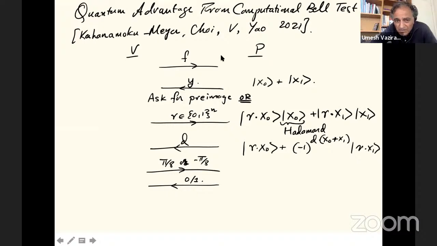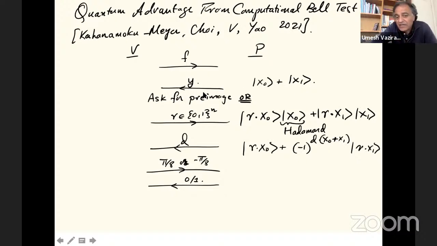So we start as always by the verifier sending the specification of the trapdoor claw-free function. The prover commits to a certain pair of pre-images by sending y.